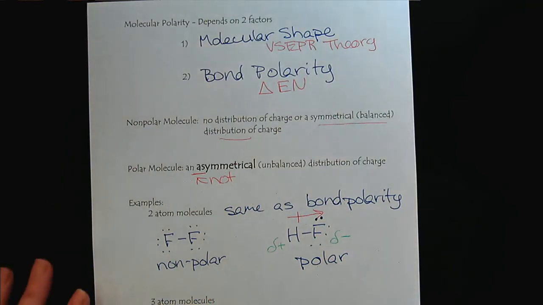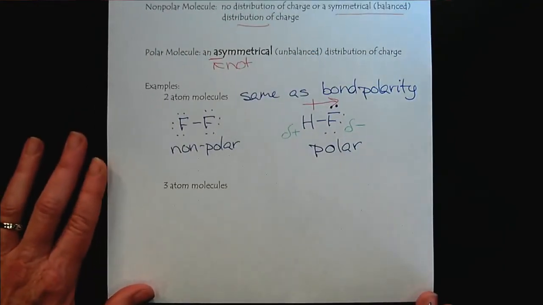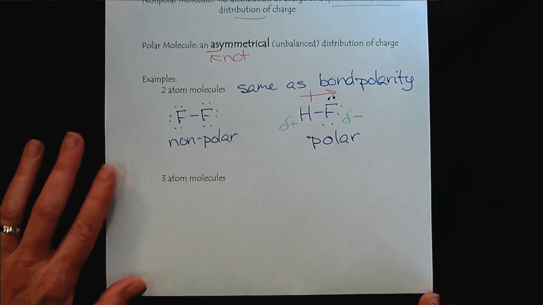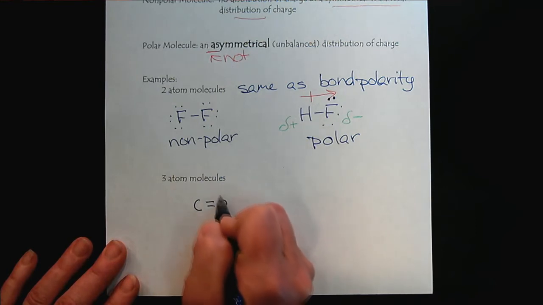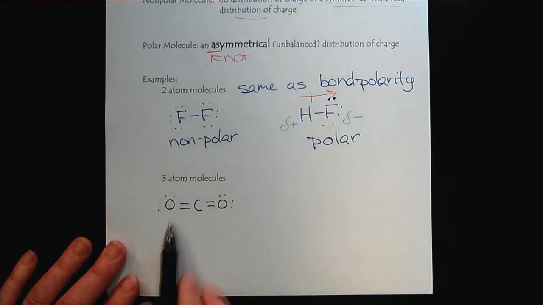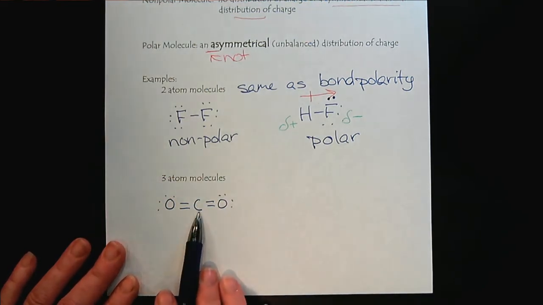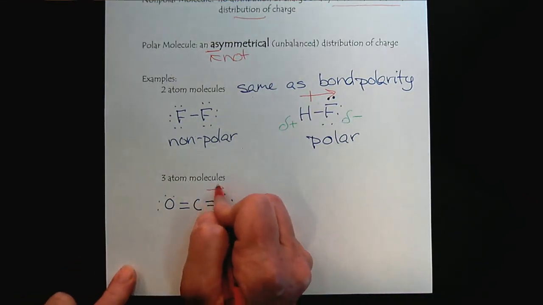All right, so now let's get to some trickier ones. What happens if we have three atoms in a molecule? Well, let's look at carbon dioxide. On the previous page, we noted that carbon and oxygen have differences in electronegativity, so we do have polar bonds here.